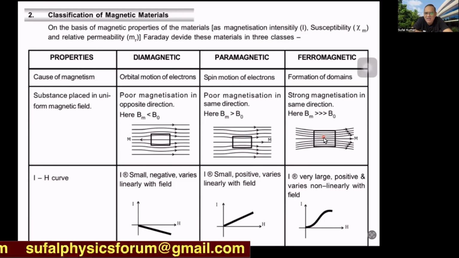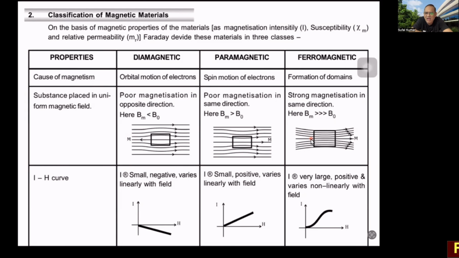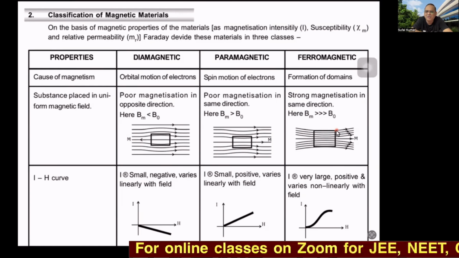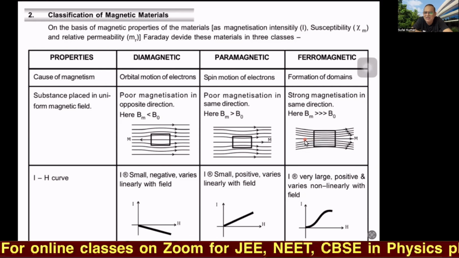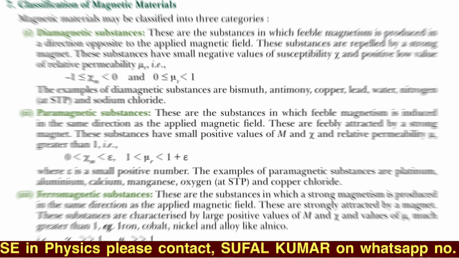And what happens in ferromagnetic? They behave very friendly. All the field lines are trying to pass through the ferromagnetic substance only. They prefer not to go out. All the lines will try to enter through the ferromagnetics.